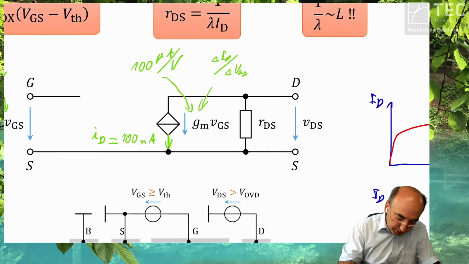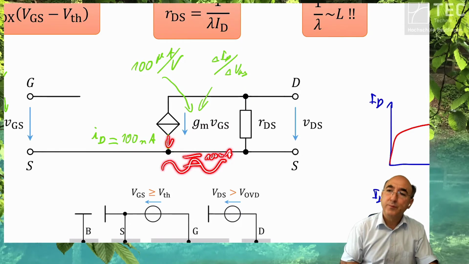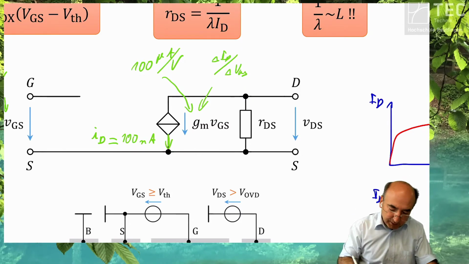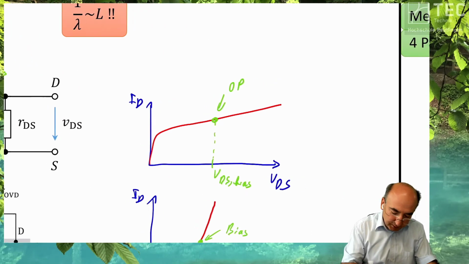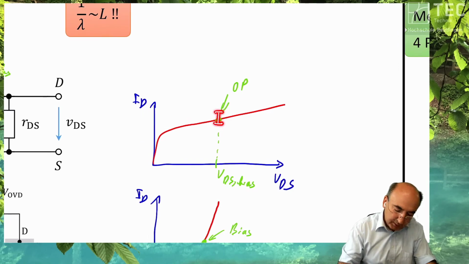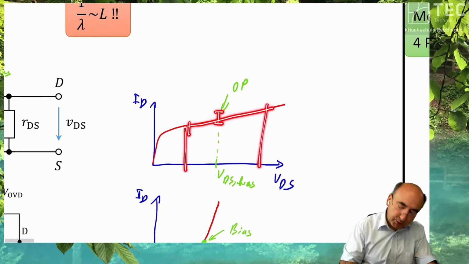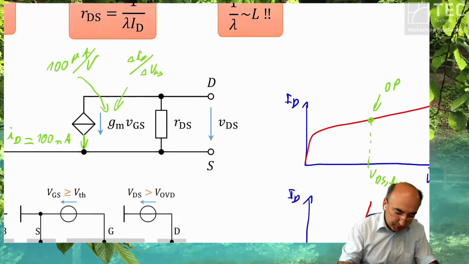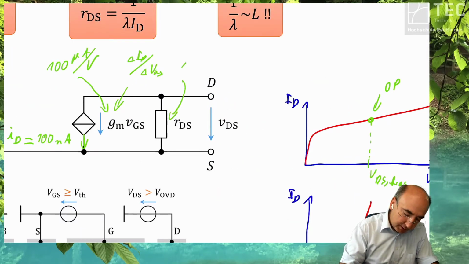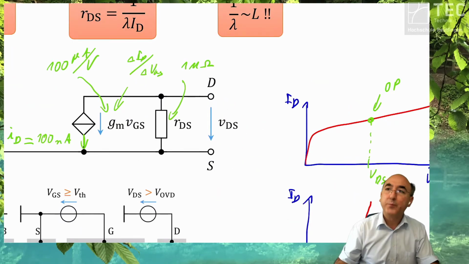So if you look at this current, it changes with an amplitude of 100 nanoampere. And this change in current is translated by the resistor into a change of the voltage. Now assume that RDS is 1 megaohm.